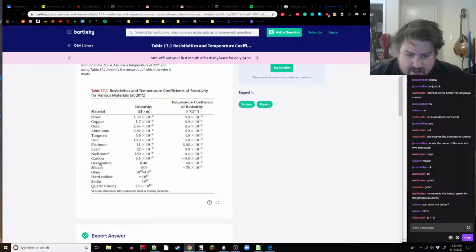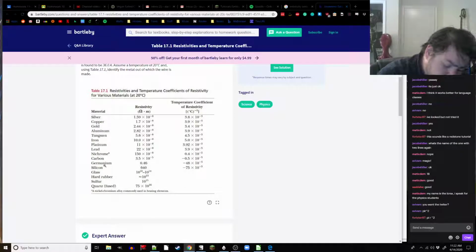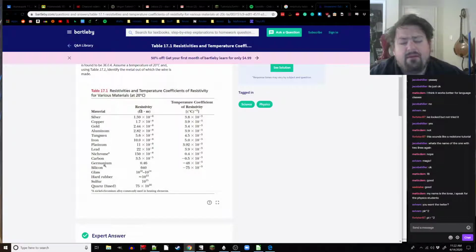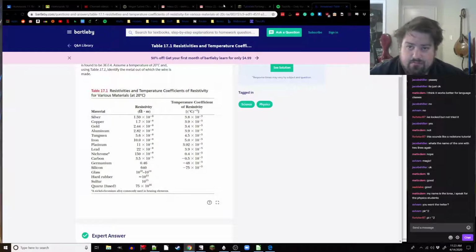Whereas the ones in the middle here, like germanium and silicon, you'd call semiconductors because they're not super great conductors, but they're not super terrible either. And semiconductors are extremely useful because they have really advantageous properties. A lot of our modern society is built on the use of semiconductors.